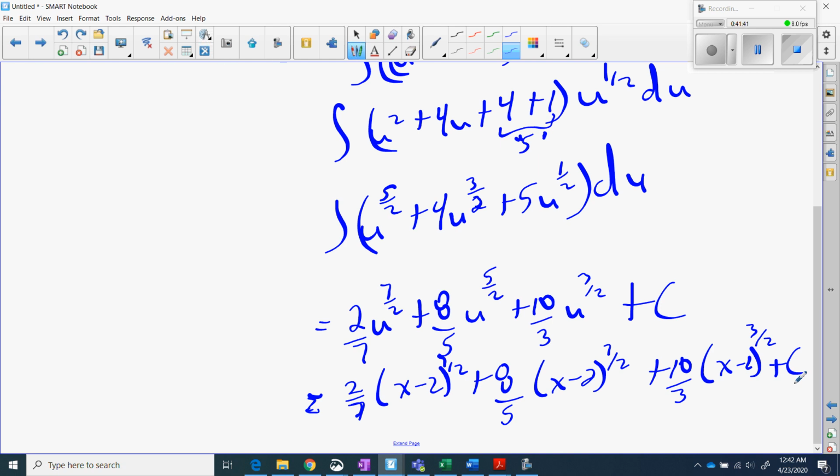And that is a look at how the first technique of integration works. That's using what's called the substitution method.